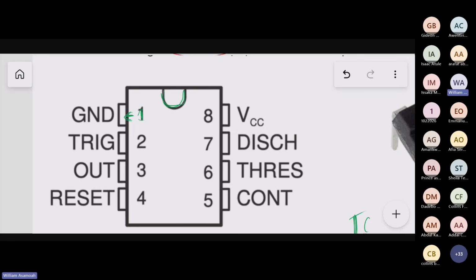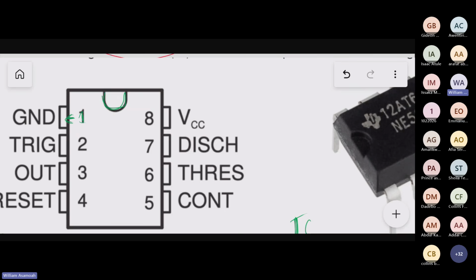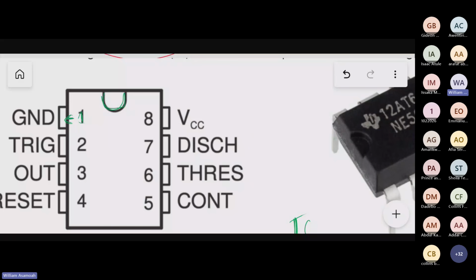Yeah. All right. So you will connect the voltage supply to the VCC pin. The 555 timer can take voltages from 5 volts to around 20-something, 24. Let me be sure about this so that you won't burn your device.